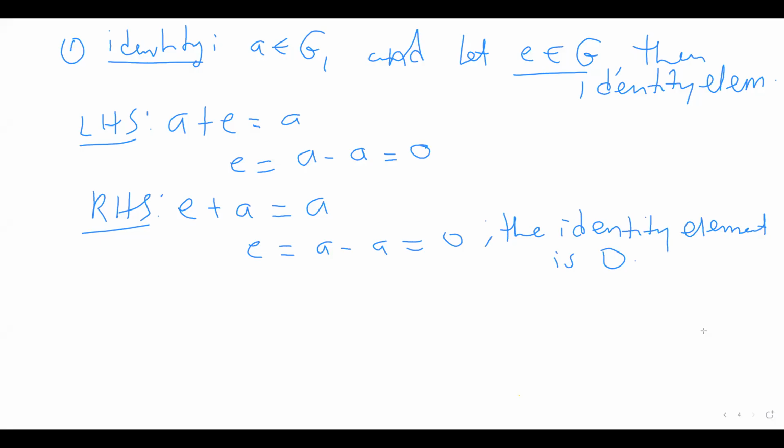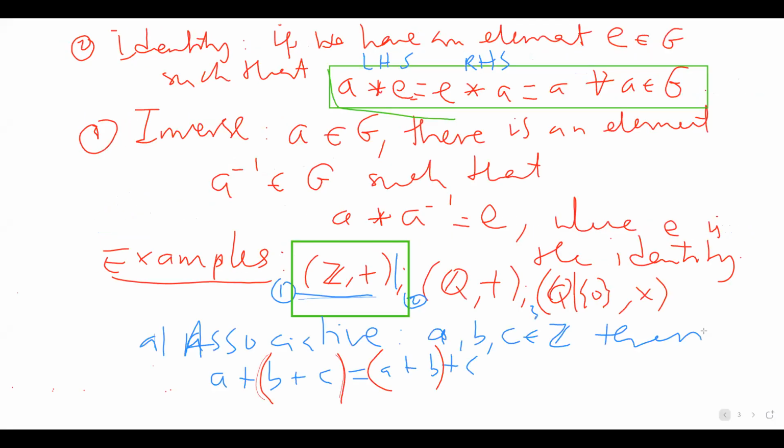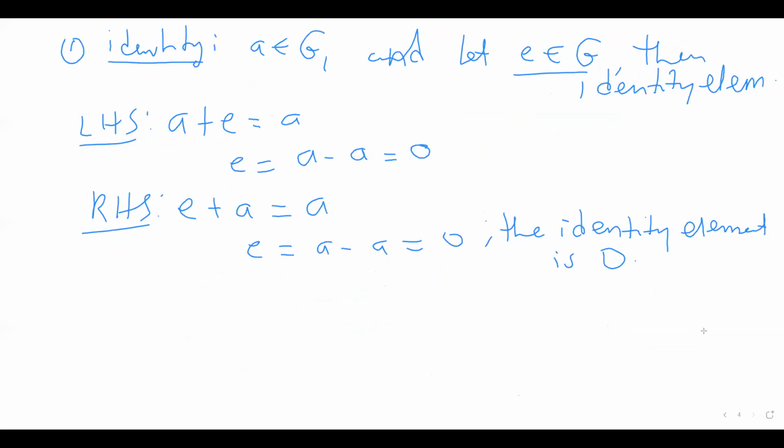Okay, so if we go back, we want to show that. So first we take the identity as well. Then the final part, which is the third, is the inverse.